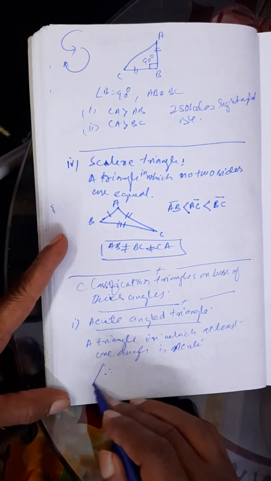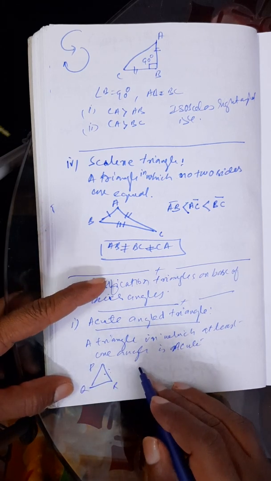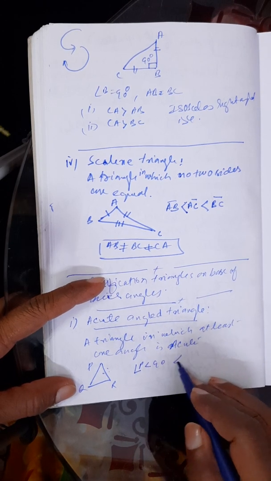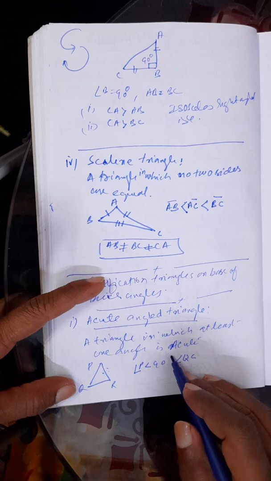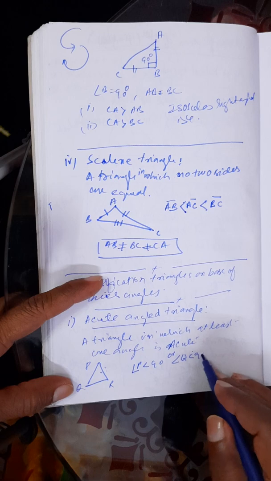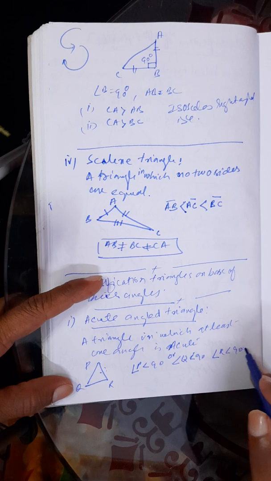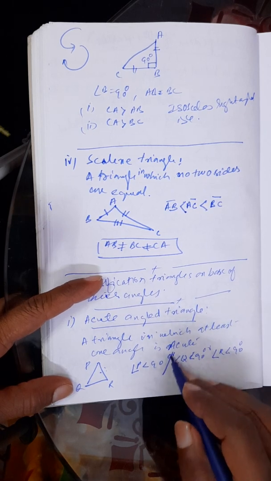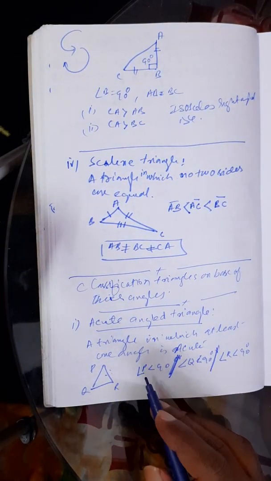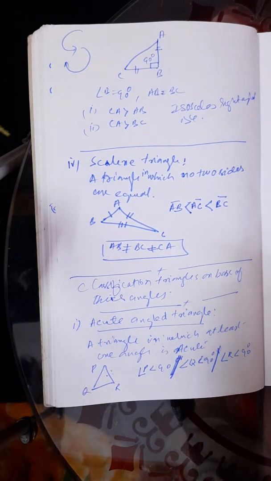So suppose this is your triangle PQR. Maybe angle P is less than 90, or Q is less than 90, or R is less than 90. So these are the conditions. Any one is less than 90, so we call it an acute angle triangle.